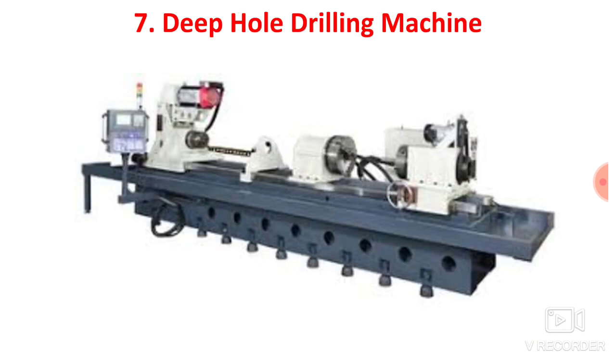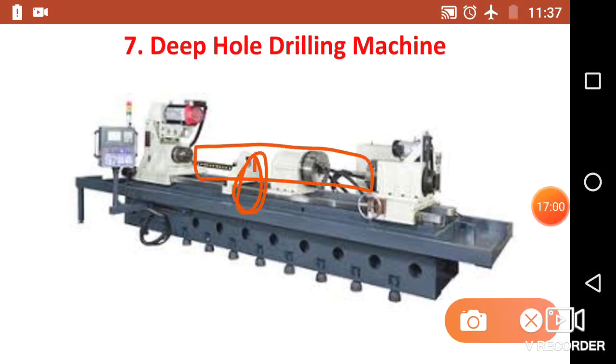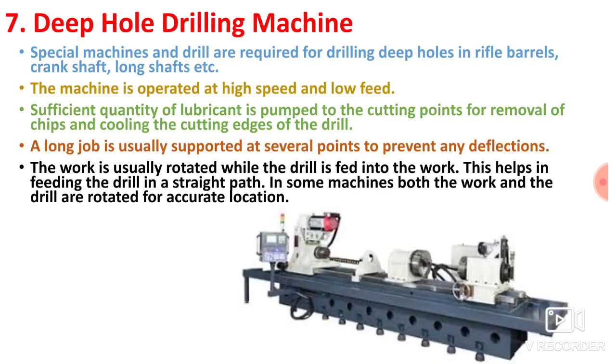So here you can place a long shaft, and that long shaft is supported with the help of this mechanism. Okay, and the drill has to pass through that long shaft so that a deep hole is drilled inside the workpiece. So these are nothing but 7 types of drilling machine that we have discussed in today's lecture.